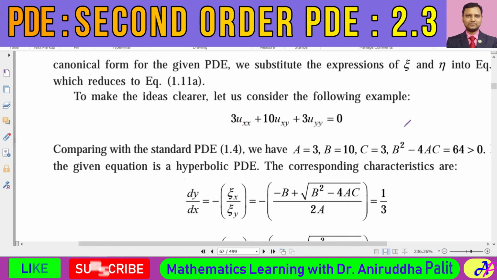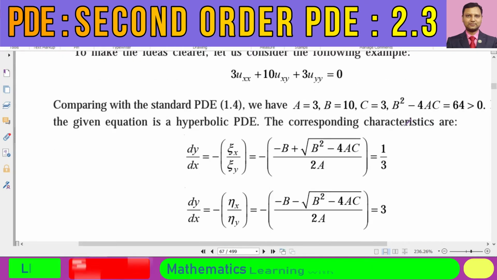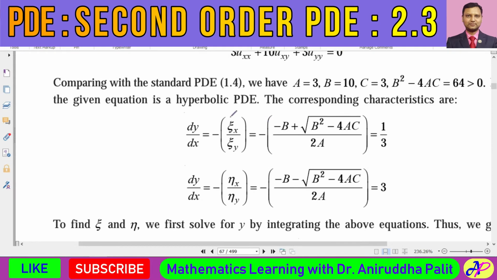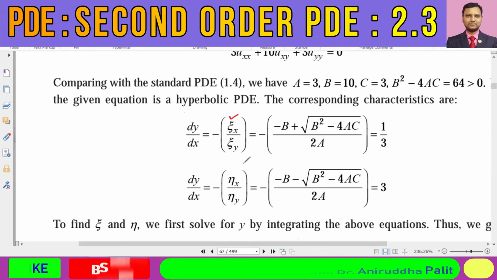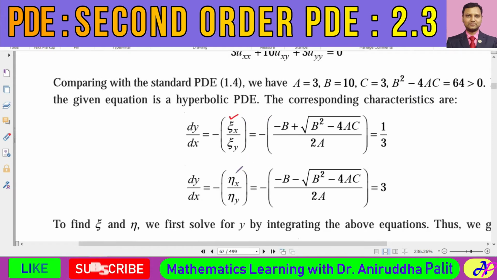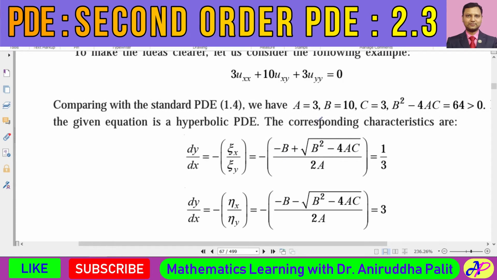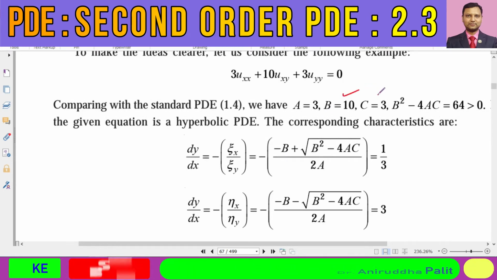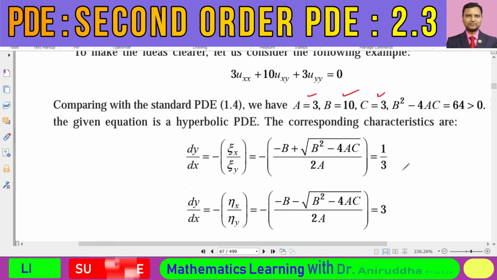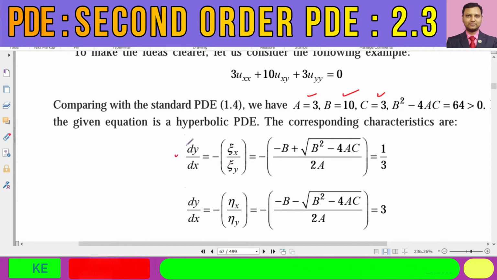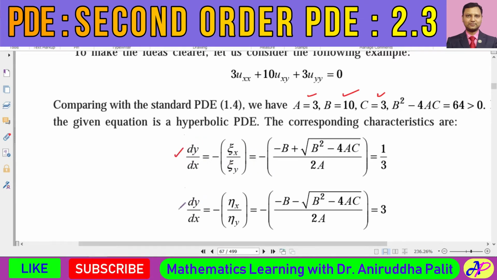Now, we already got the expressions of xi x by xi y and eta x by eta y. In those expressions, if you put the values of a, b, and c, we will be able to compute dy dx from the first ratio and dy dx from the second ratio.